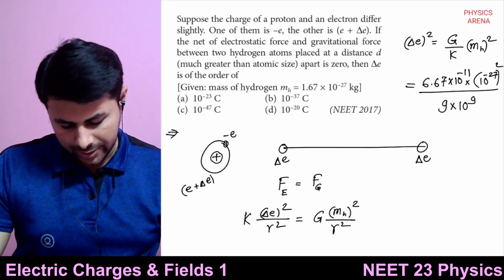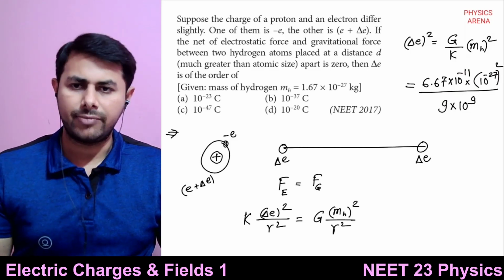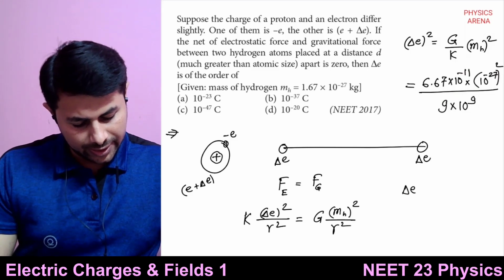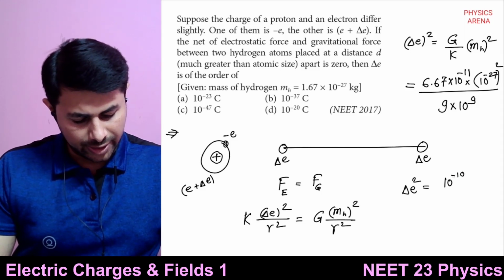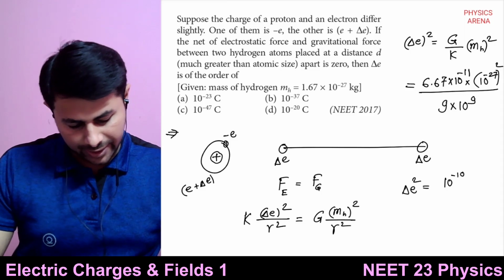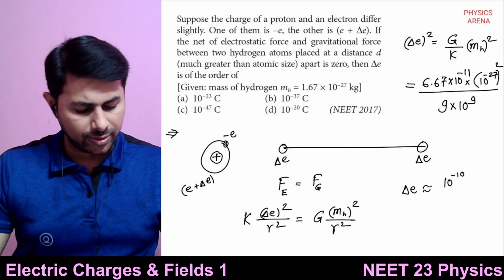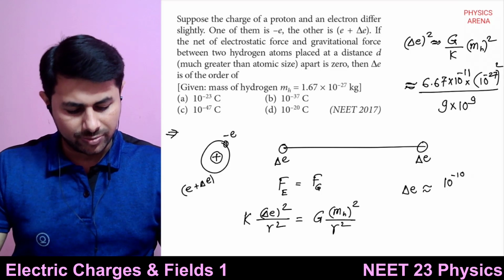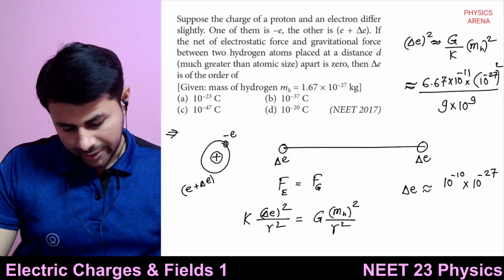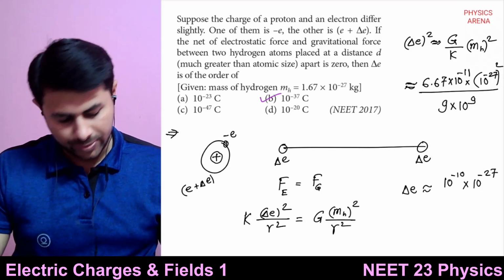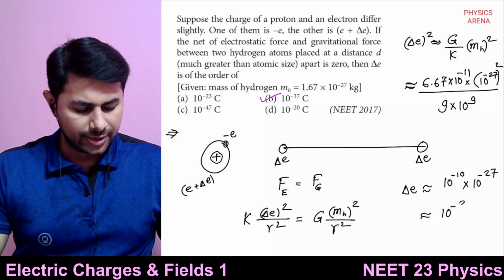Okay, and this is also 10 raised to plus 10. If we take it in the numerator, it will become 10 raised to minus 10. Okay, so delta e square we have (10 raised to minus 10) square multiplied by (10 raised to minus 27) square. That means delta e is of the order of, right, it's not equal to, it is of the order of 10 raised to minus 27 multiplied by 10 raised to minus 10. That is minus 37, the answer. Option B. Okay, it is 10 raised to minus 10 minus 27, that is 10 raised to minus 37.